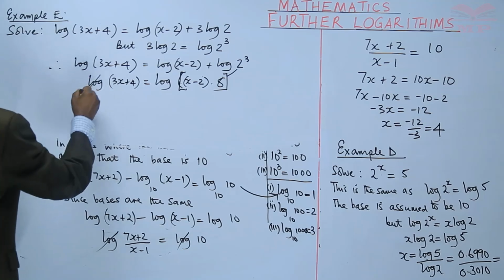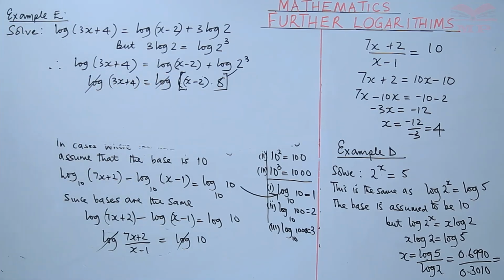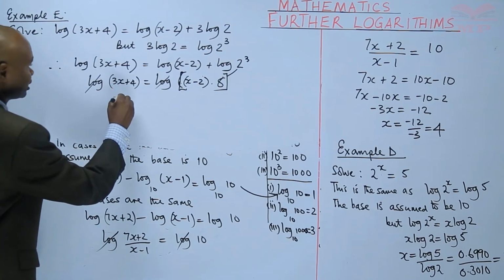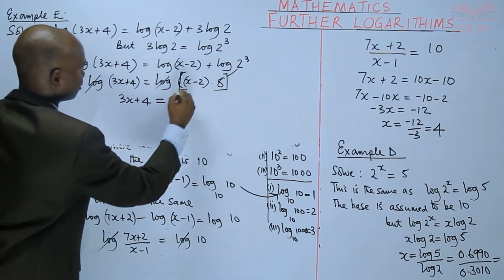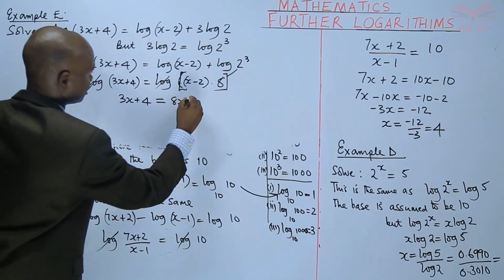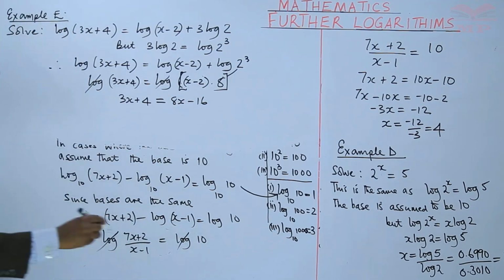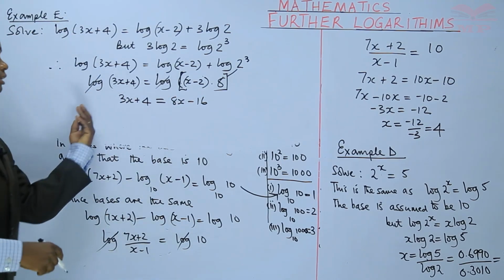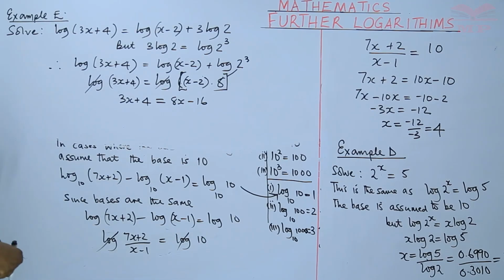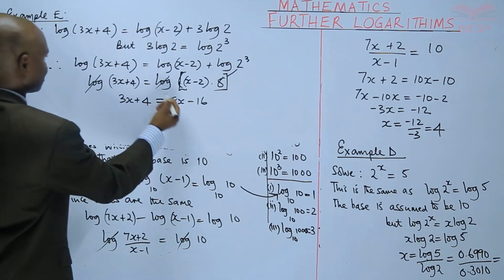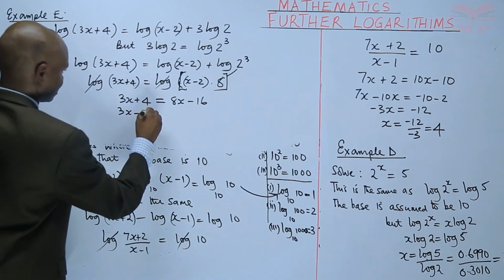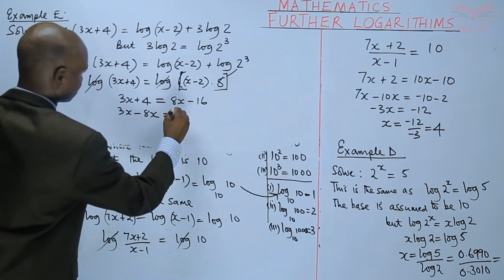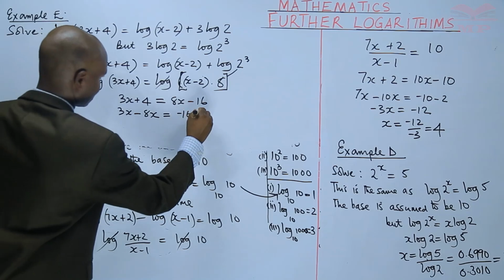When you reach here, you can do away with the logs because they are common. So you'll say 3x plus 4 is equal to 8x minus 16. Balance the like terms. 3x minus 8x is equal to minus 16 minus 4.